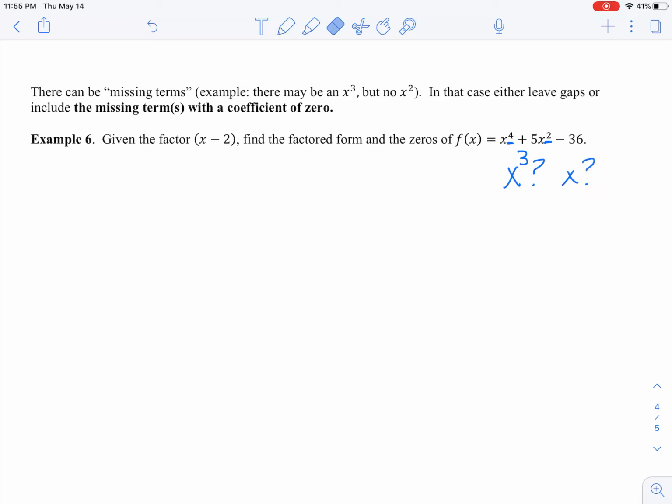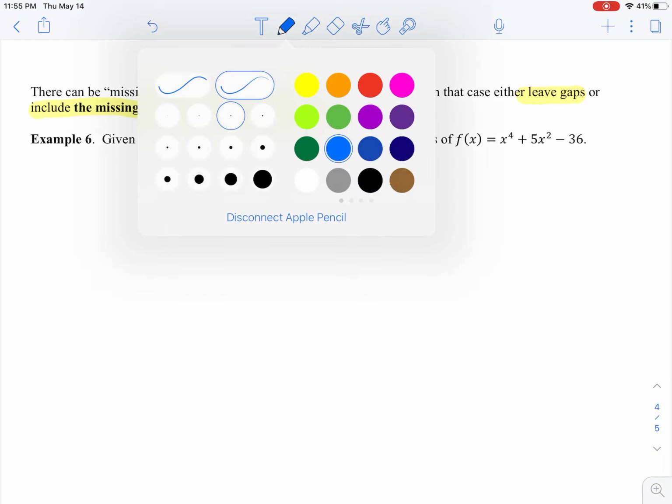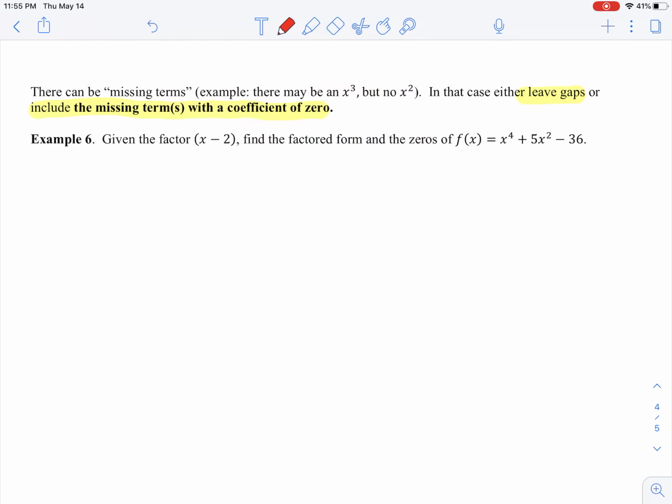Where is it at? Those are missing. And so to make our long division easier, we have two choices. We can either leave gaps in our problem, or we can simply include the missing terms with a coefficient of 0 in it. That is what I recommend doing.